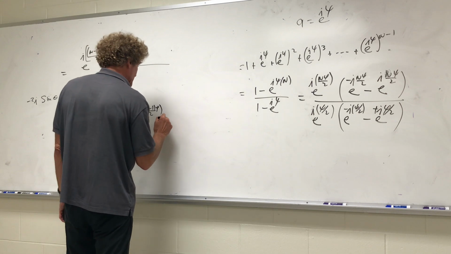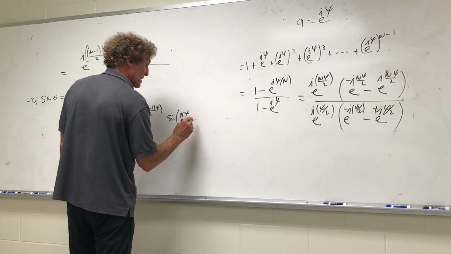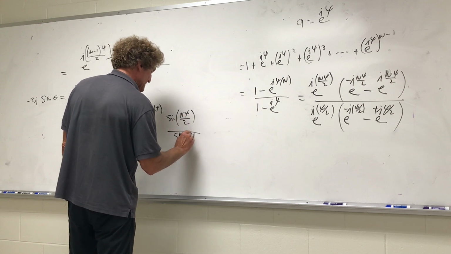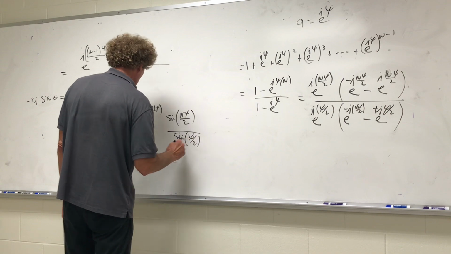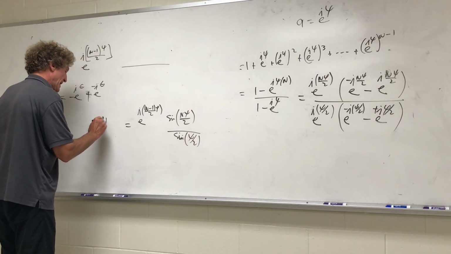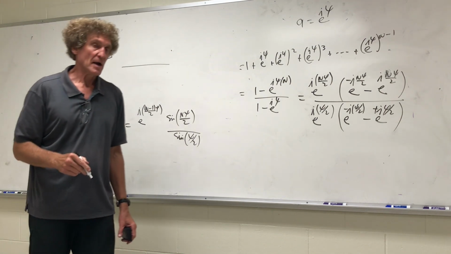On top, it's going to be the sine of n psi over 2 divided by sine of psi over 2. And that is what I can call the array factor as a function of psi for the array.